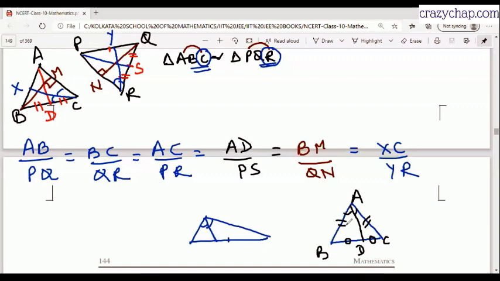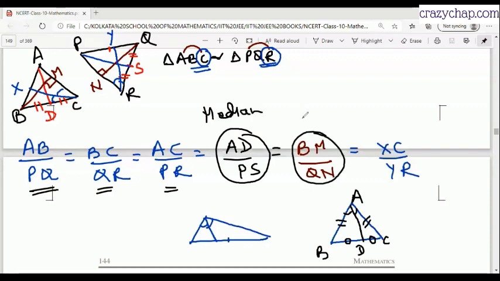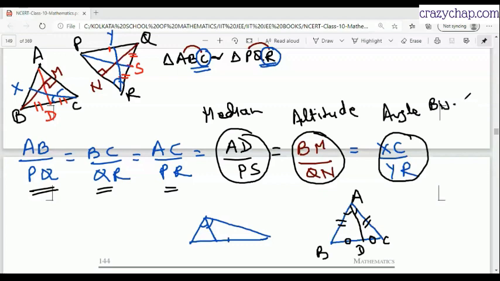So important is that after the triangles are similar, all these side ratios, the median ratio, the altitude ratio, altitude means perpendicular, and the angle bisector ratios, all these ratios will be equal.